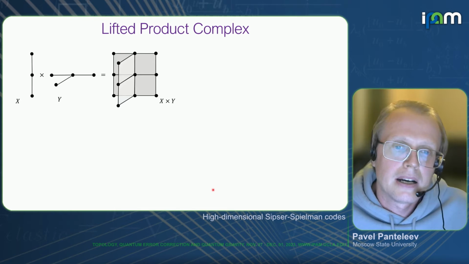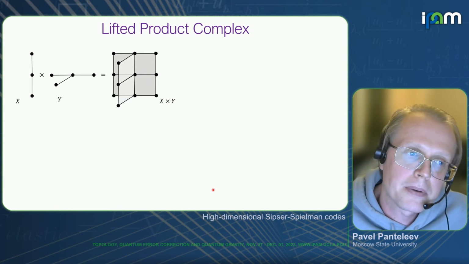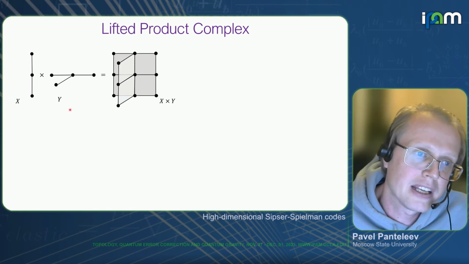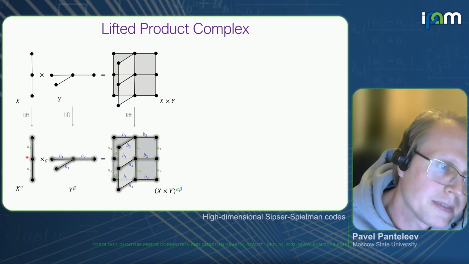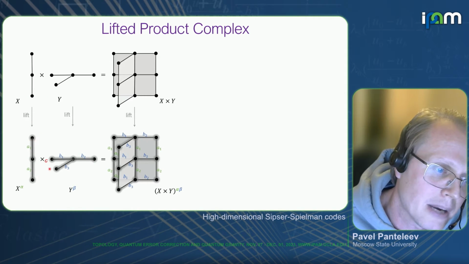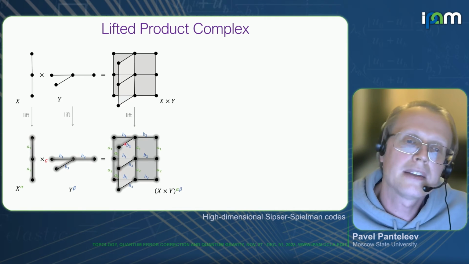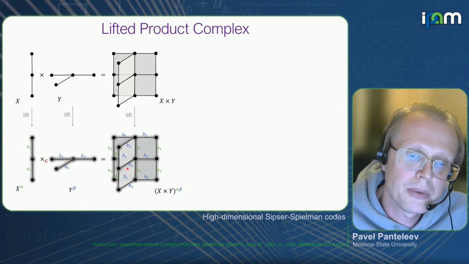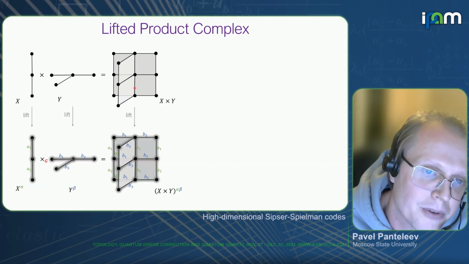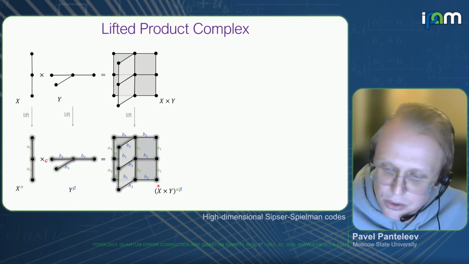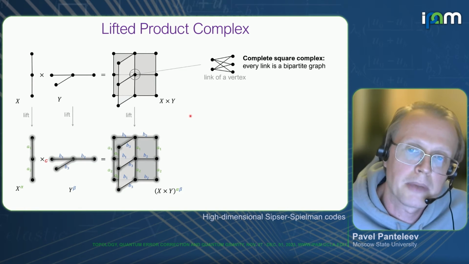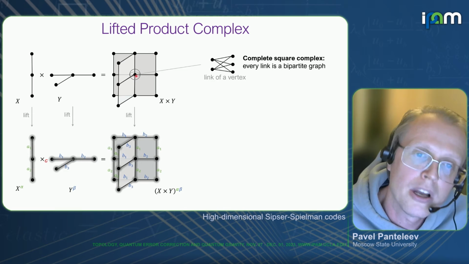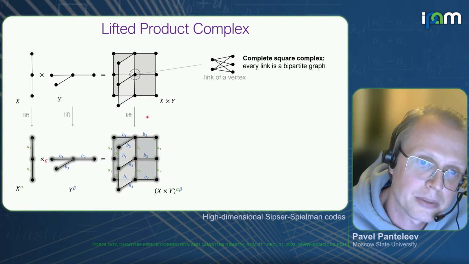Okay. But let me now describe in more generality this idea of lifted product complex. First, as I said, we start from the Cartesian product of two chain complexes, and then we lift, that is, we apply a covering to each component, and using these coverings we can obtain a new covering for this product complex. This new covering has a very simple description. Before I describe it, let me also mention a very important property of these lifted product complexes.